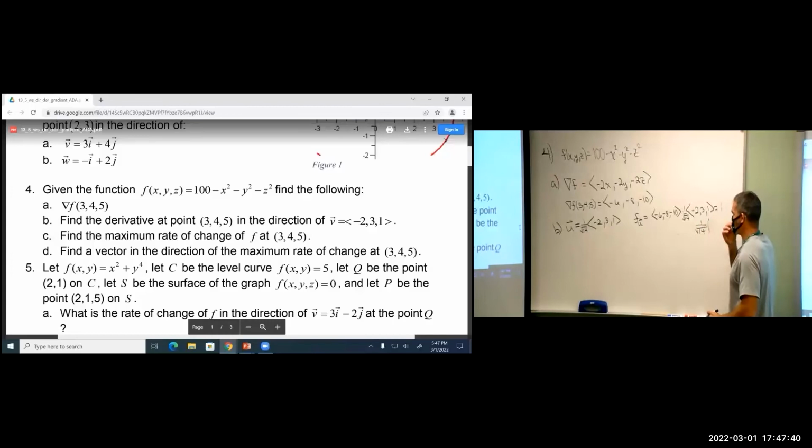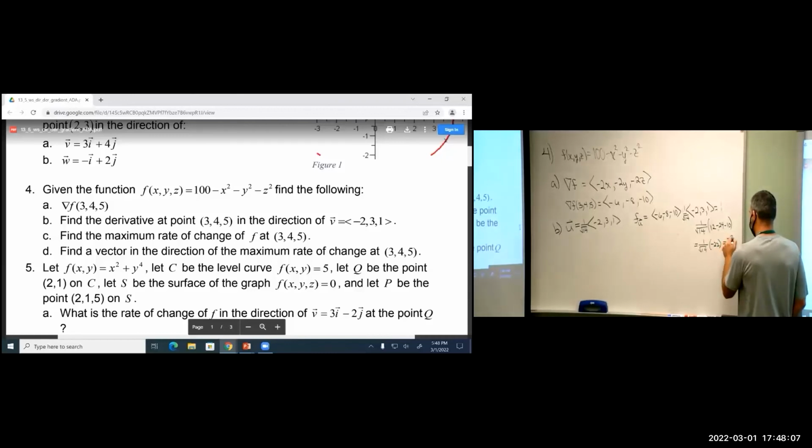And then remember the dot product: just multiply corresponding components. So what do we got? We got 12 minus 24 minus 10. So when all is said and done, we have 1 over root 14 times minus 22.